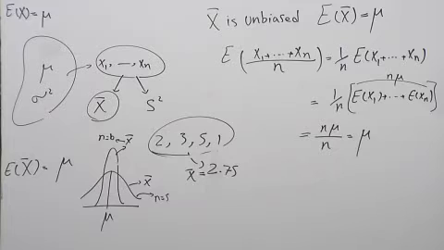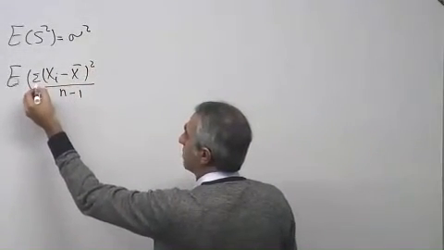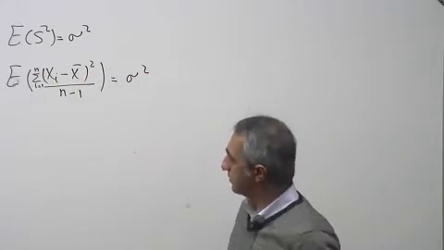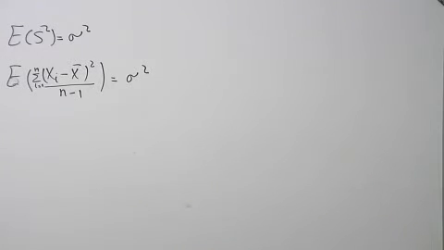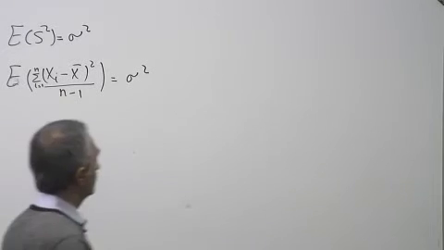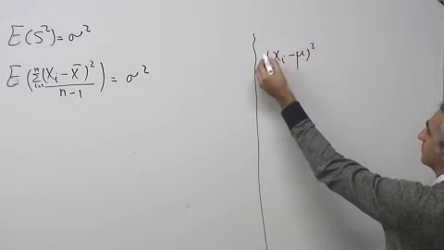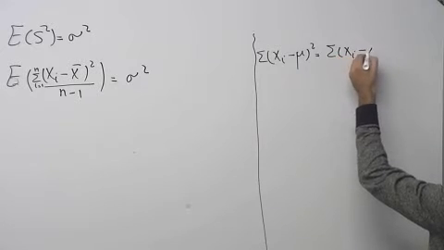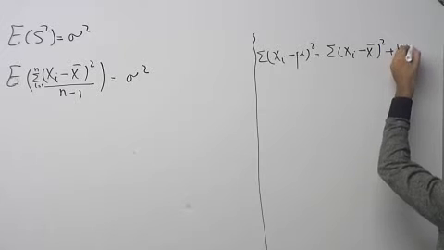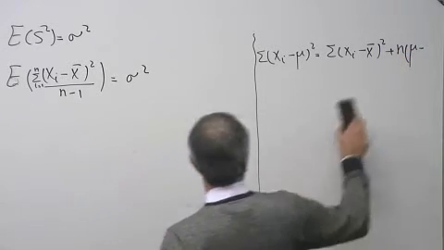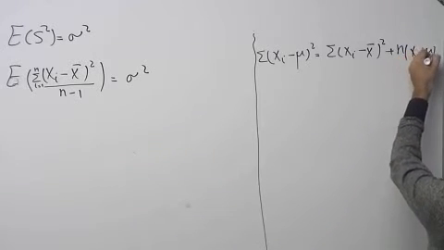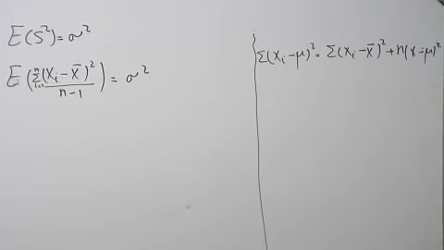So basically, the expected value of that summation, we want to show this. Remember this one? You remember that?